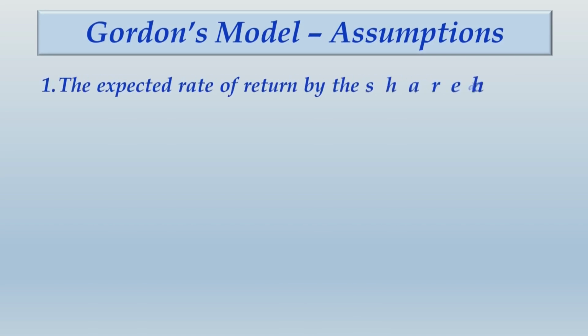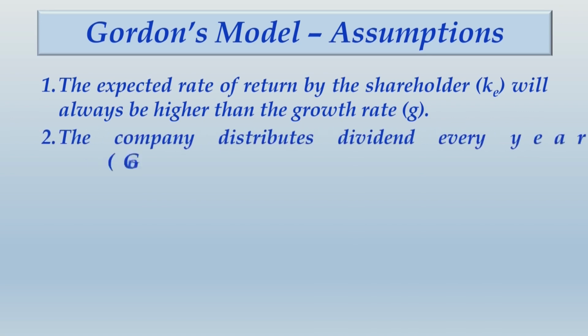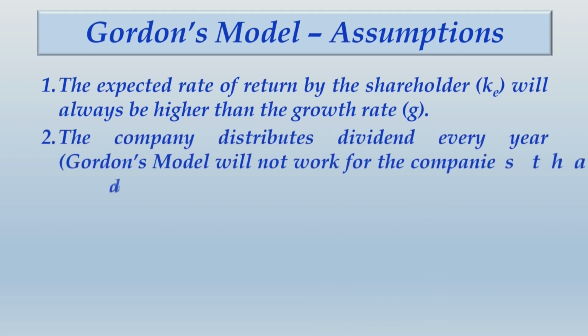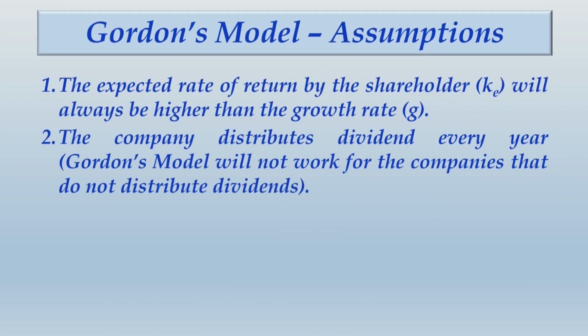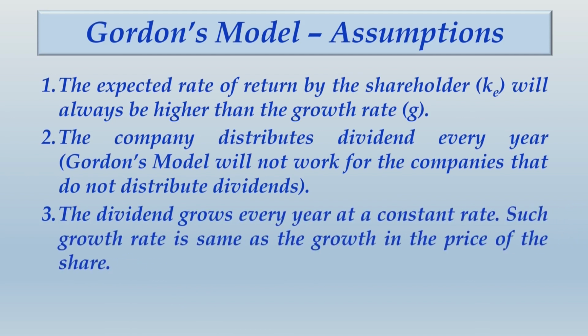First assumption, the expected rate of return by the shareholder, KE, will always be higher than the growth rate, that is G. Second assumption, the company distributes dividend every year. Gordon's model will not work for companies that do not distribute dividends. Third, the dividend grows every year at a constant rate, and such growth rate is the same as the growth in the price of the share.